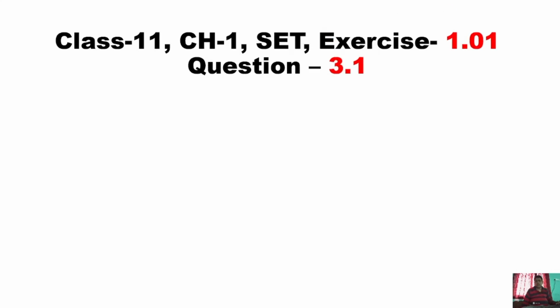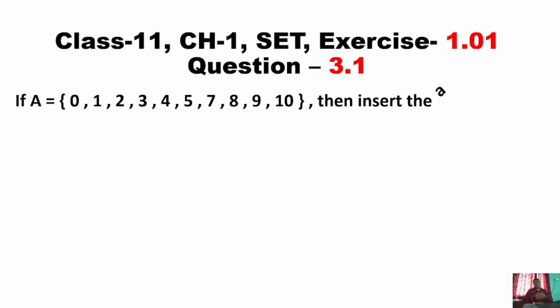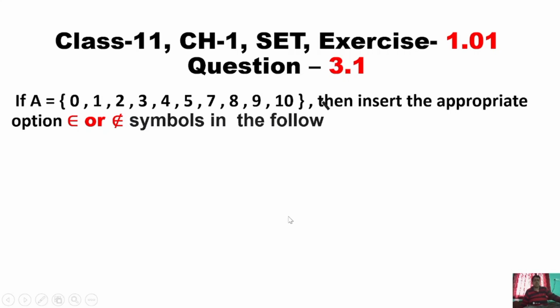Exercise 1.01, question number 3. The next question I am going to discuss, question number 3, first bit. You have to use the set notation. If the set A is equal to the curly bracket 0, 1, 2, 3, 4, 5, 7, 8, 9, 10, then insert the appropriate symbol, belongs to or does not belong to, in the blank. Here 4 is an element and A is the set.